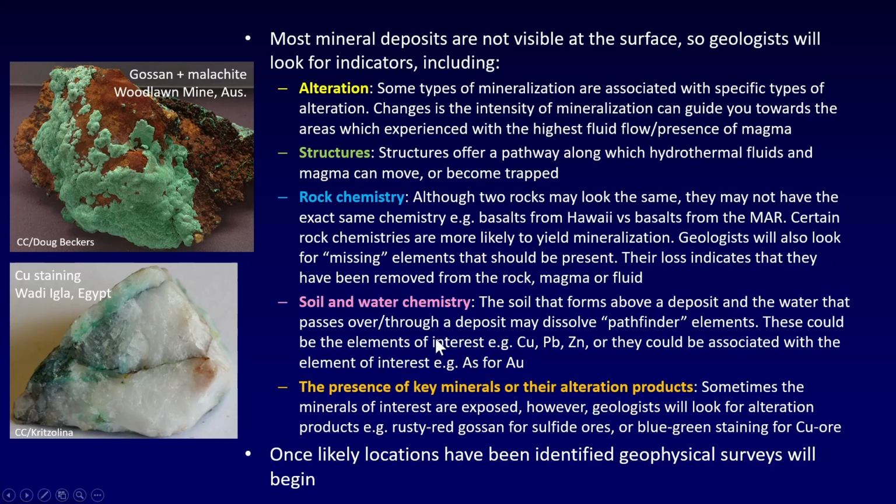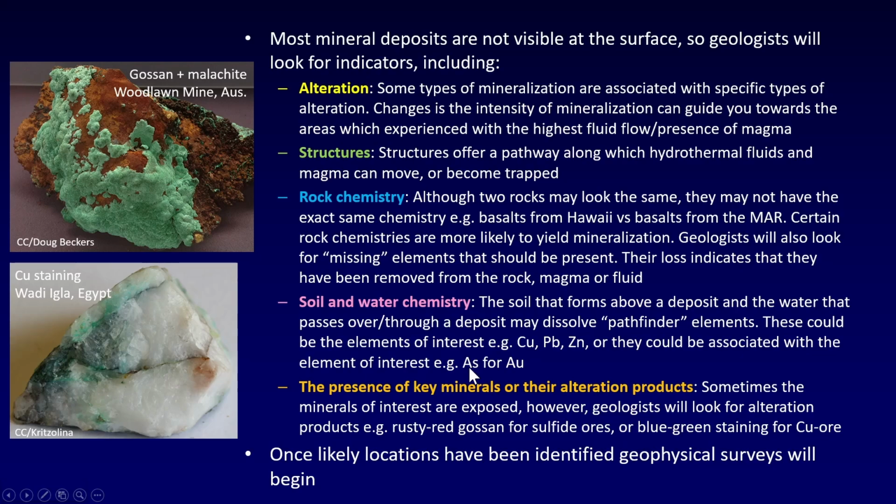And so the soil and water chemistries are often used to identify what are referred to as pathfinder elements. These pathfinder elements could be the element of interest, so it could be copper, lead, or zinc, or it could be an element that is associated with the element of interest. So in the case of gold, a classic pathfinder mineral would be arsenic.